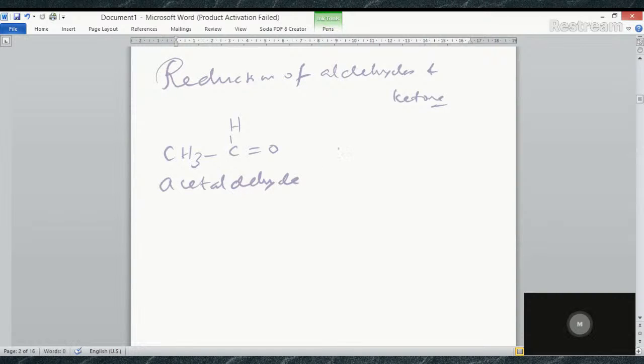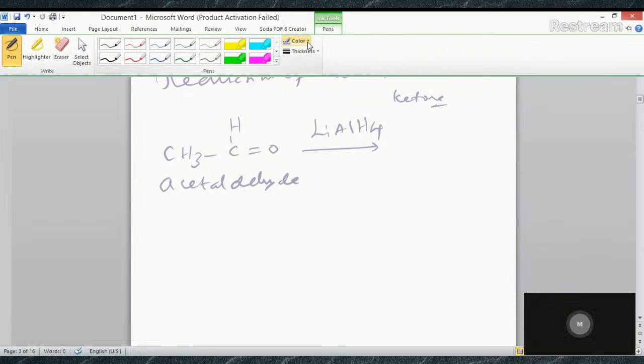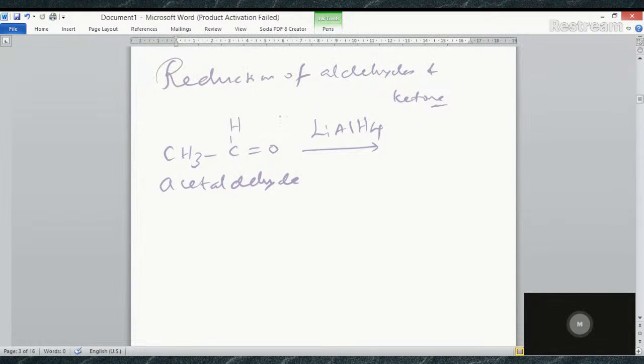When this acetaldehyde is treated with lithium aluminum hydride, that's a reducing agent, the hydride can provide H minus ion. It can behave like a nucleophile, the H minus. It is going to attack this carbon, and the H plus may get this pi electron.